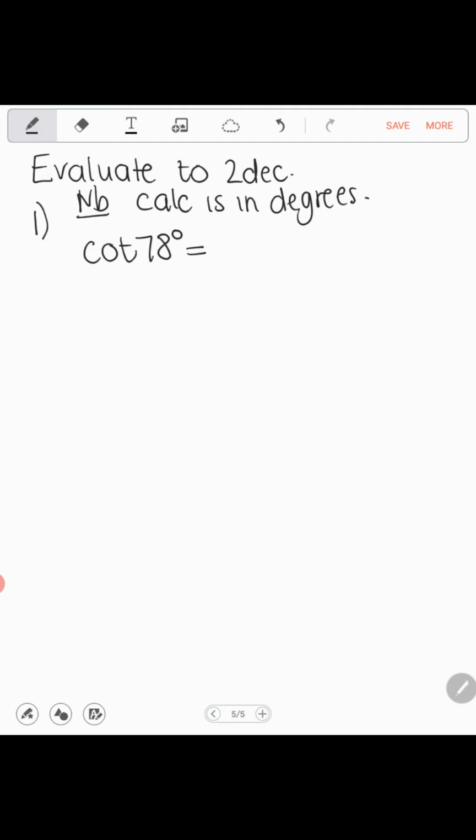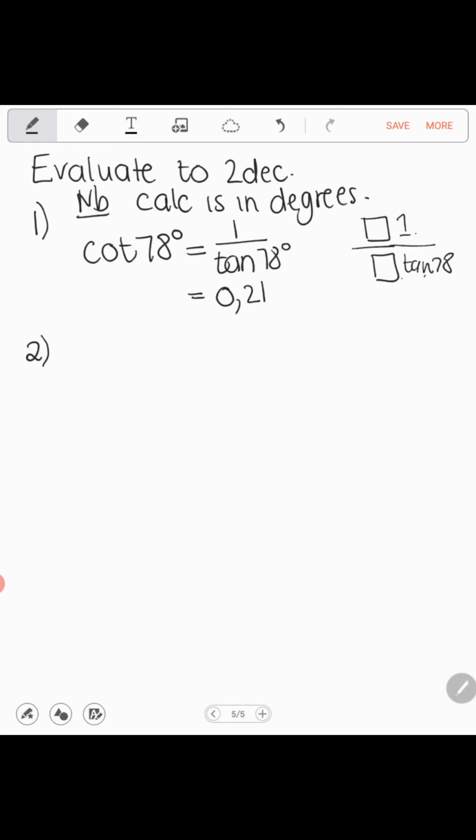Okay, now you do not have a cot button on your calculator, so we have to change them to either sine, cos, or tan, so we use reciprocals. Cot of 78 is 1 over, and it goes with tan of 78. So on your calculator, you're going to use your fraction button, and you're going to put in 1 at the top and tan of 78 at the bottom. All right, so when you do that on your calculator, you should get 0.21. You just need to make sure that you can do that. You need to try it out, please.